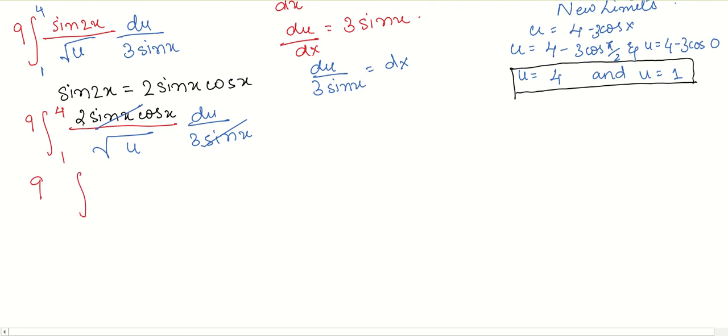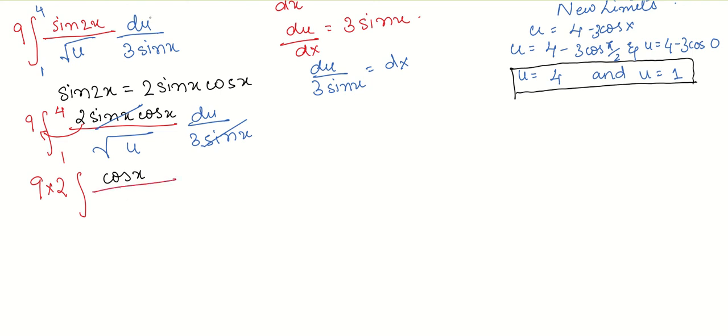So now what you will be left with: 2 is a constant, so you can take it outside the integral. That's going to be 9 by 3 into 2. So cos x is what is left in the numerator, and you have u to the power of 1/2.